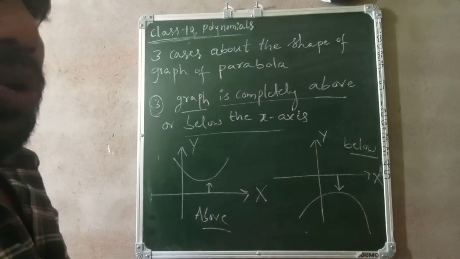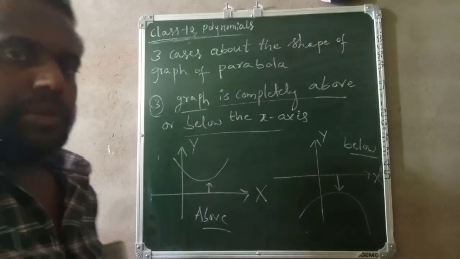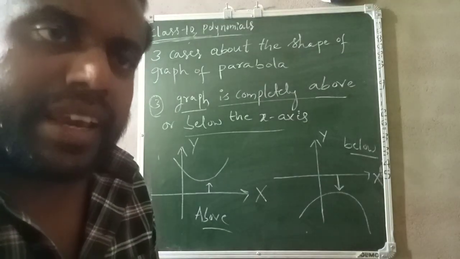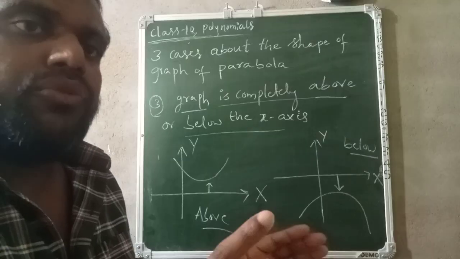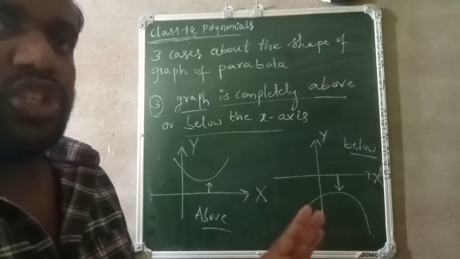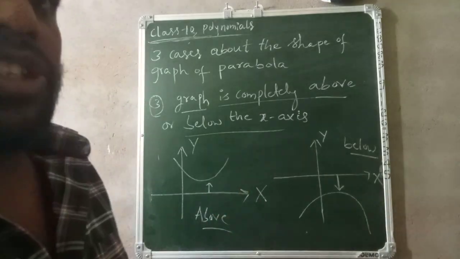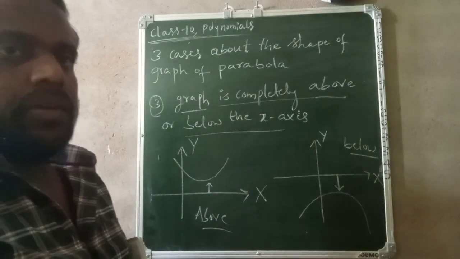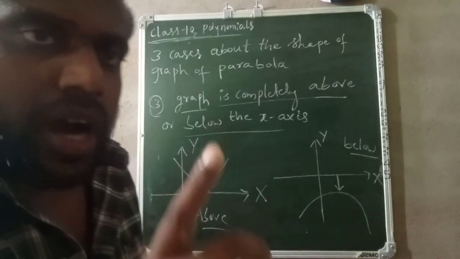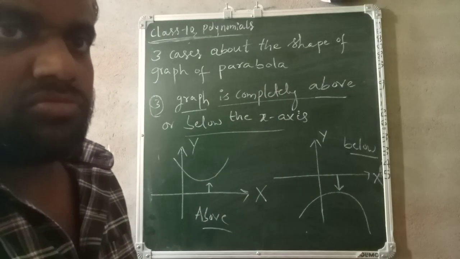You understood, right? Now what about the zeros here? Remember, zeros of a function exist only when the graph of the function cuts the x-axis or touches the x-axis. Okay? If the curve cuts the x-axis, then only there will be zeros.